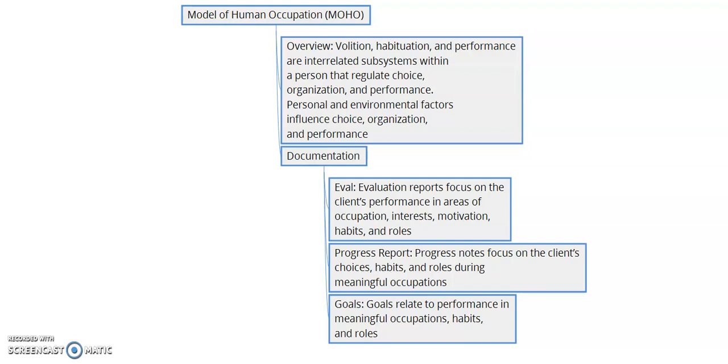When documenting under the Model of Human Occupation, or MOHO, your evaluation report should focus on the client's performance in the areas of occupation, interests, motivation, habits, and roles. Your progress reports or progress notes should focus on the client's choices, habits, and roles during meaningful occupations. And when you're writing goals under MOHO, they should relate to performance in meaningful occupations and habits and roles.